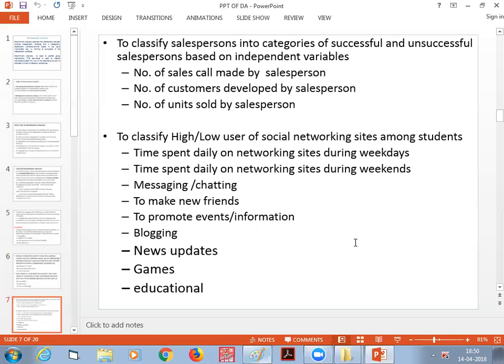Then, for what reason they are using it? For messaging or chatting. Some people are using it to make new friends. Some people use it to promote events or information. Some people use blogging. Some people use it for news updates, games, education, etc. So based on all this information, we can classify. Then we can also identify which of them are more important or influential in classifying a high user or a low user. So that is the advantage of this.